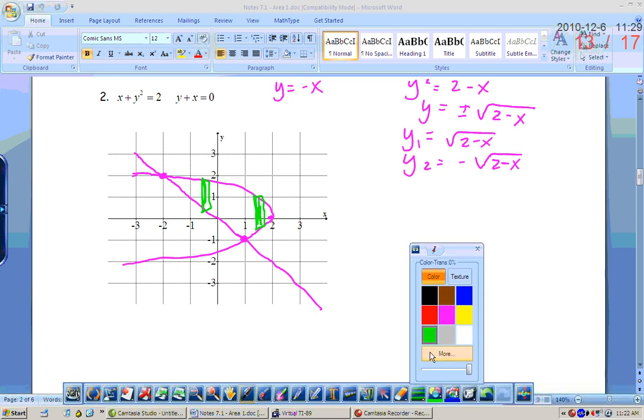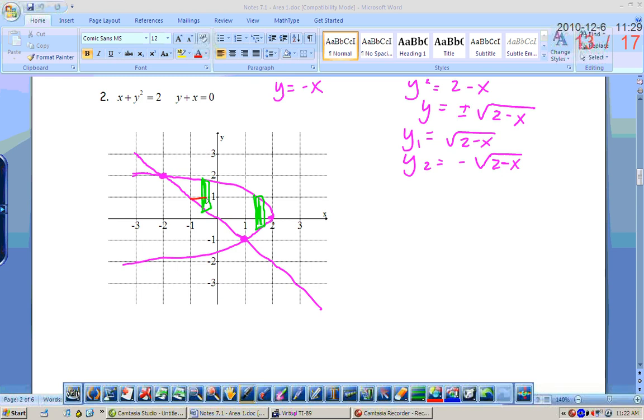So I want to use horizontal rectangles because anywhere I draw a horizontal line, the right side is always going to be the parabola and the left side is always going to be my line.